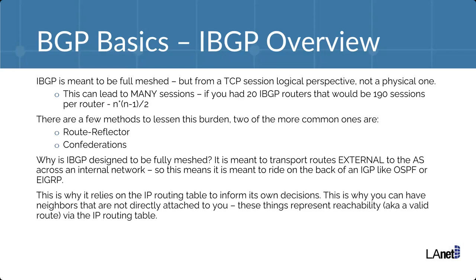The other thing is it would obviously be ridiculous to have a large ISP with 100 or 200 routers and think that I could take the time to fully mesh all those, right? That would just be a ridiculous amount of work. We're not going to deep dive here, but if you are interested in going deeper, two things you would want to look at in IBGP for scalability would be route reflectors and confederations.